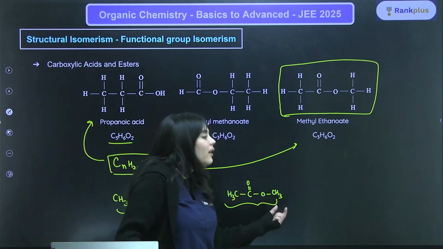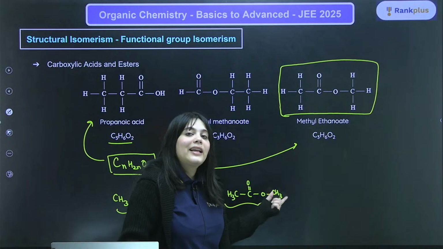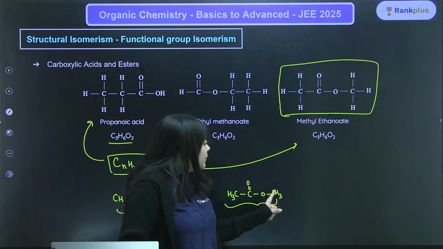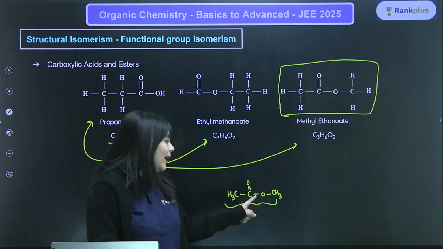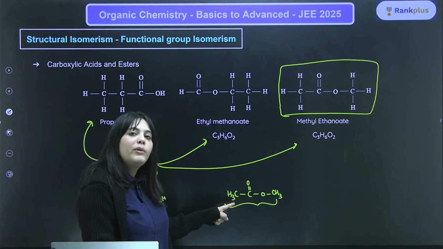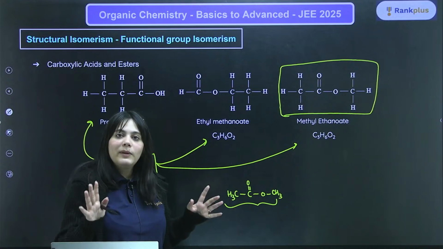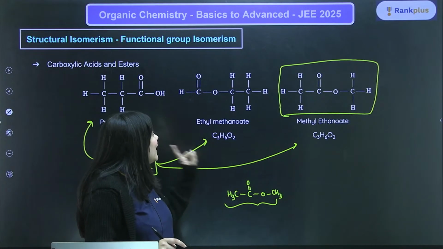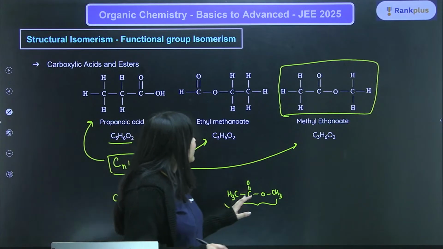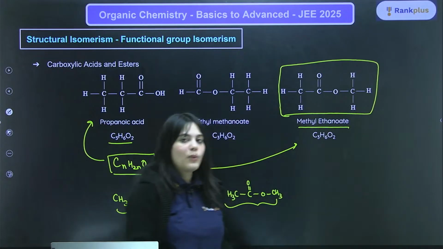You first of all write down the group that is directly attached to the oxygen. So here methyl is attached, so we'll write methyl, and then whatever is left behind, 2 carbon atoms, so we'll write methyl ethanoate, right? This would be the name. This would be methyl ethanoate.